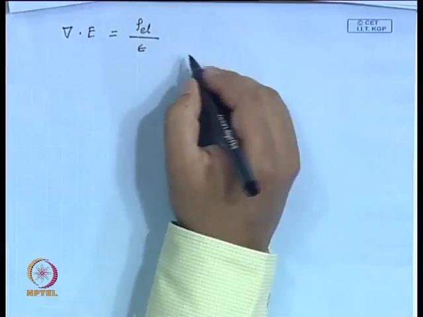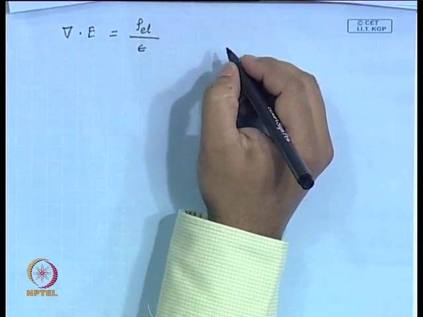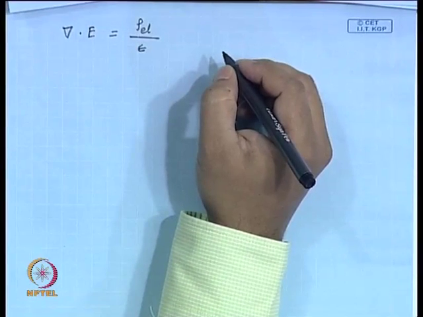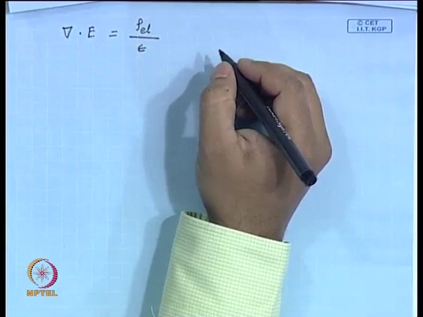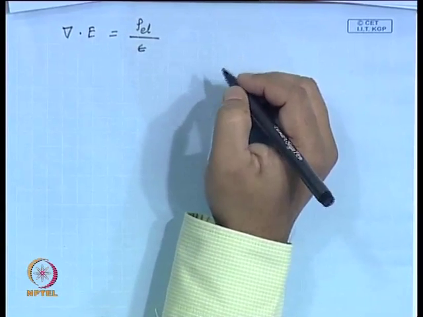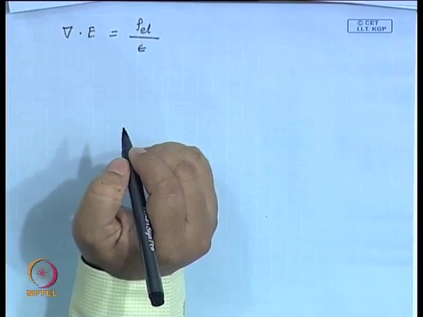Continuity, right? del U del x plus del V del y equals 0, or change in density if you want to put it. So, here del dot E is defined as rho EL by epsilon, where epsilon is the permittivity, right? Epsilon naught into epsilon r. You have got to brush up your understanding of this electric field. So, this del dot E is equal to rho EL by epsilon, okay.